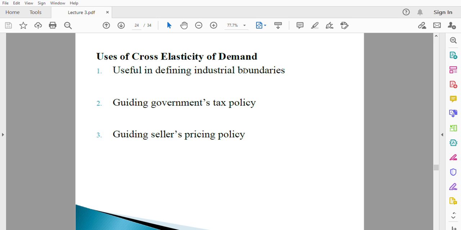The second is it guides government tax policy. As we explained in the first lesson, for government to impose a tax on a particular commodity, it has to know the price elasticity, and it has to also as well know the cross price elasticity. So some commodities are used together with other commodities. So if you impose a tax on a particular commodity and it increases the price of the commodity, maybe that commodity is a complement to another.